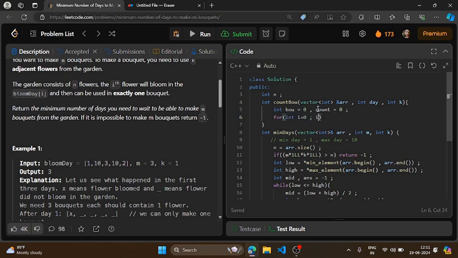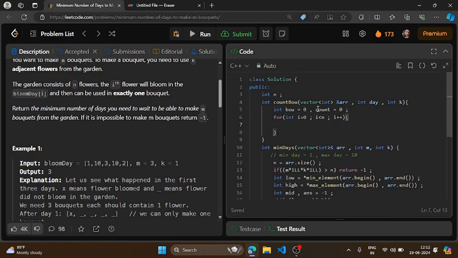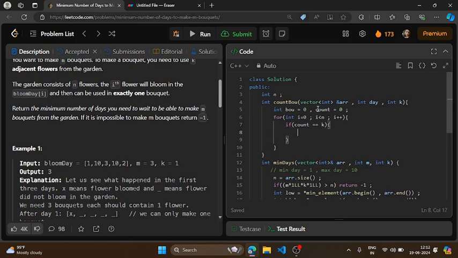So I'll check for the k consecutive flowers with the help of the count variable. I'll start iterating in my array from 0 till the end, and I will check if my current count is equal to k. If I have got k consecutive flowers, then definitely I can make one bouquet from them. So I will increase my number of bouquets and set my count to 0, because now again I have to start counting from 0.